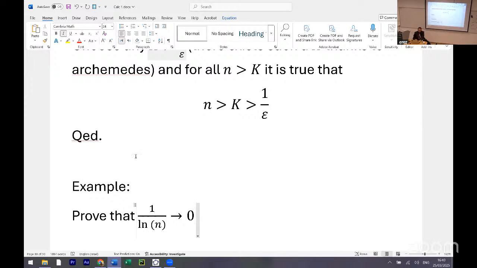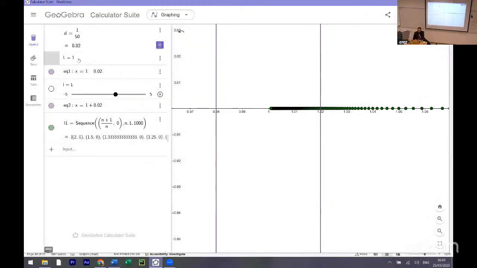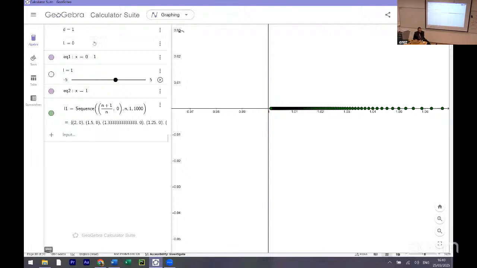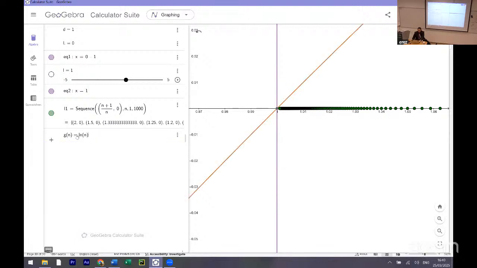Now this would be interesting, and I'll show you why. I'll take the GeoGebra, which I already prepared. The limit now will be 0. The distance, let's start with an easy one, 1. And the sequence, instead of n plus 1 over n, will be, let's write g of n equals ln of n.